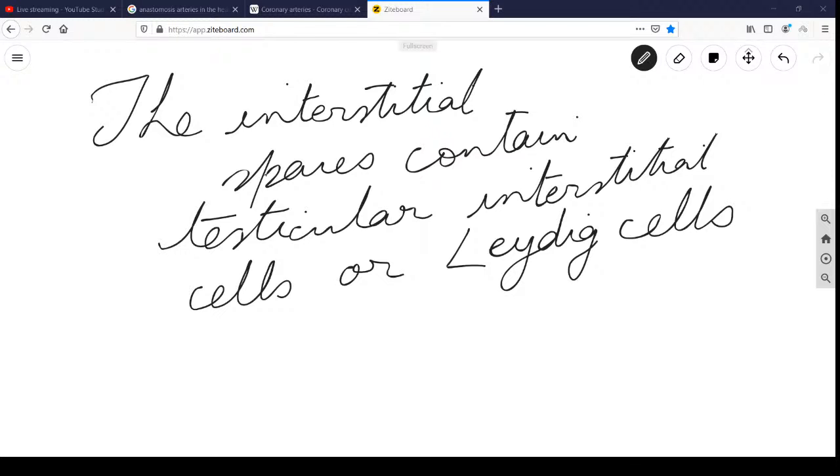Now they synthesize and secrete androgenic steroid hormones.